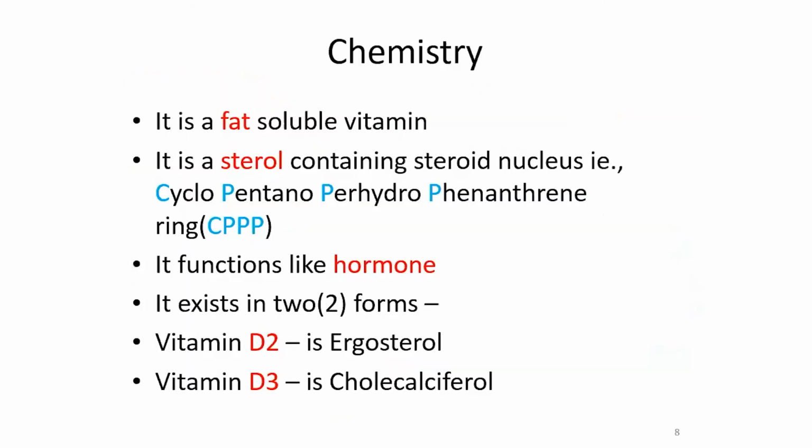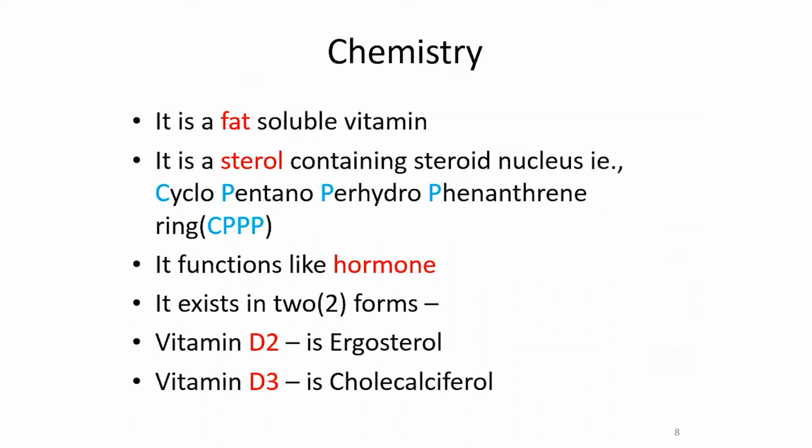Coming to a little bit of the chemistry, it is a fat-soluble vitamin, a sterol containing a steroid nucleus, the cyclopentanoperhydrophenanthrene ring structure. In biochemistry, we call it the CPPP nucleus. It functions like a hormone. Let us come to that in later slides.